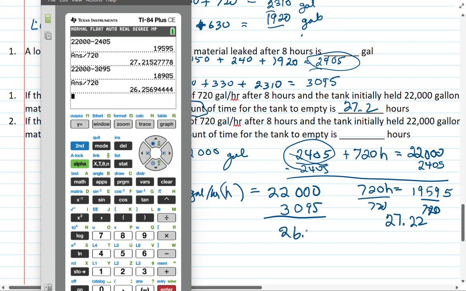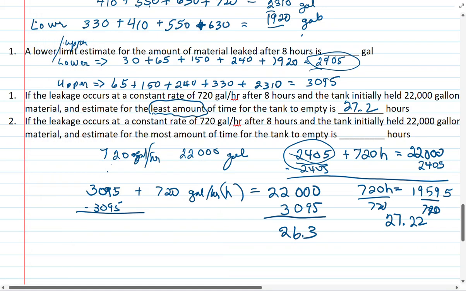It was 26.3 because of the loss. It'd take a shorter amount of time. All right, that's this lesson, guys. Not difficult, a little mathy.